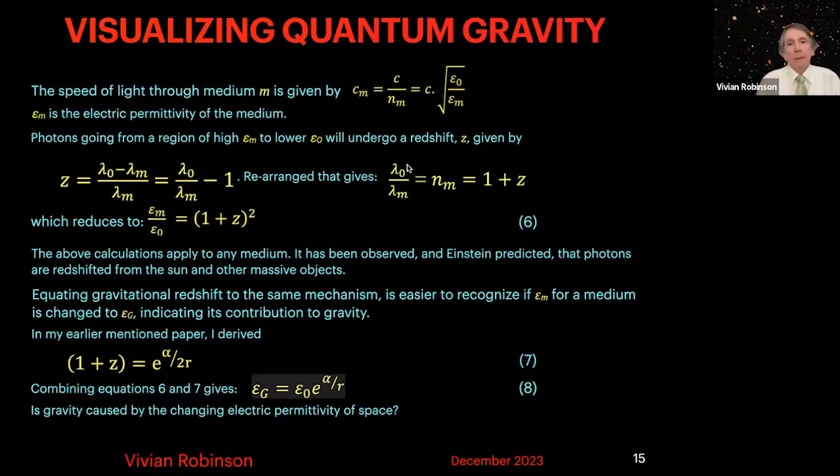Rearranged, that gives lambda naught over lambda m equals the refractive index equals 1 plus z. That reduces to epsilon m over epsilon naught equals (1 plus z) squared.